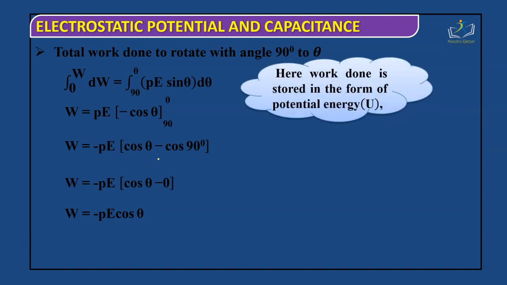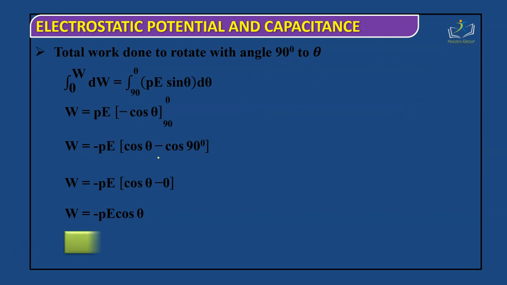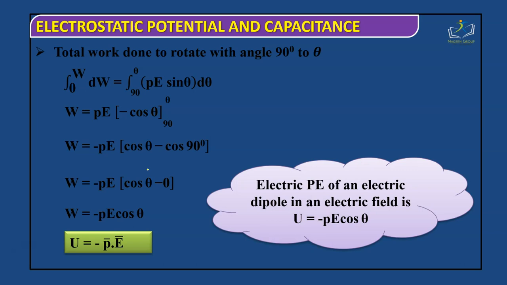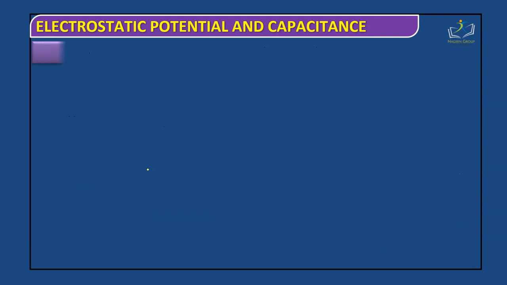Here the work is stored in the form of potential energy. So the final result is U equals minus vector P dot vector E. That means the electric potential energy of an electric dipole in an electric field is U equals minus PE cos theta. Students, hope you understand.